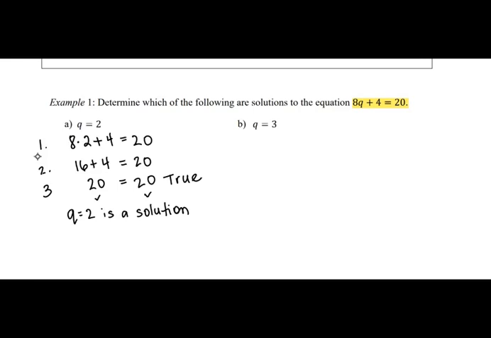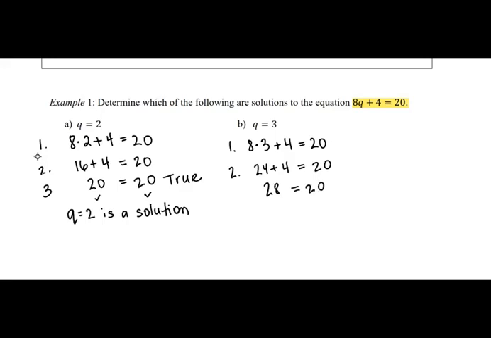So we start with step number 1. We substitute 3 for q. So we have 8 times 3 plus 4 equals 20. Now we're going to simplify it. 8 times 3 is 24, plus 4. Keep copying everything down until you're ready to make a decision. So what I have is 28 equals 20.